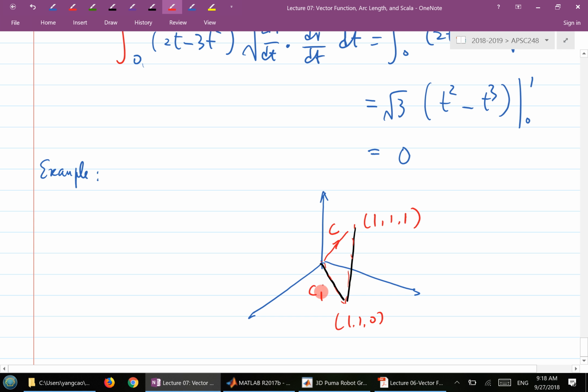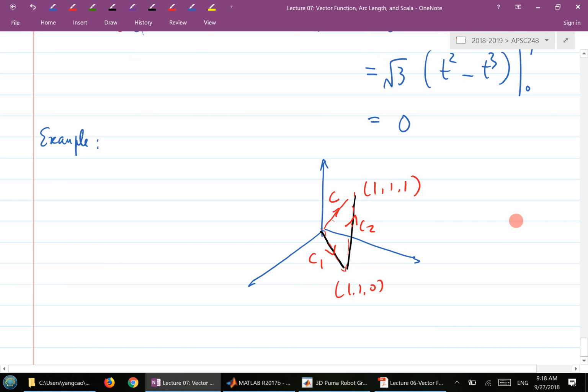Now this time, I'm going to ask you to do a slightly different route. To go to 1, 1, 1, this time, let's go from 0 to 1, 1, 0 first, and then from 1, 1, 0 to 1, 1, 1. So that's a different route, but at the same location.